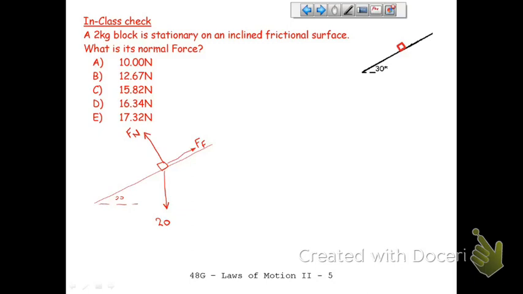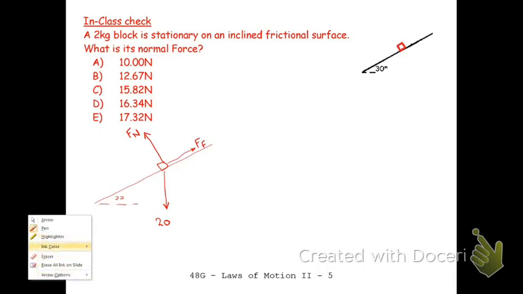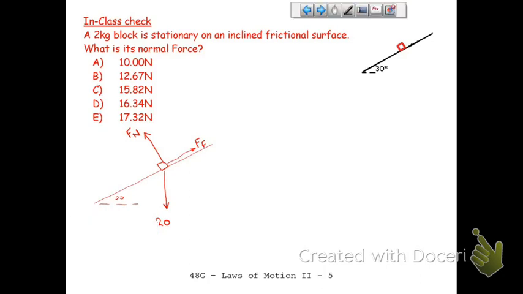Okay? I want to find the normal force. So basically, let's change ink color so that I can see what I'm doing here. I don't want the frictional force, so draw a line that's perpendicular to the frictional force.